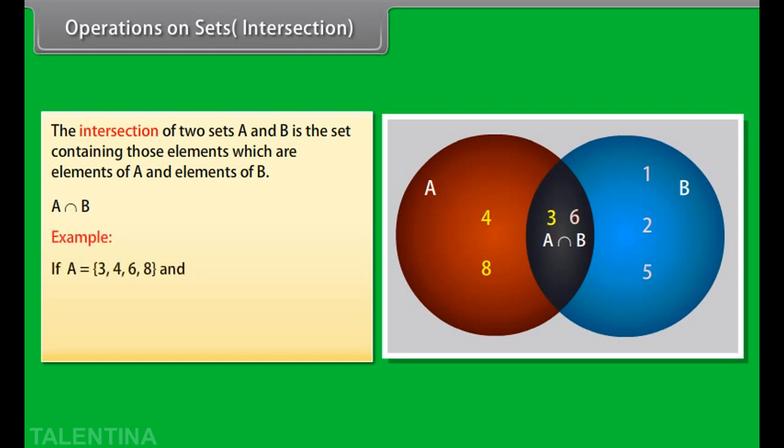Example: if A = {3, 4, 6, 8} and B = {1, 2, 3, 5, 6}, then A ∩ B = {3, 6}. Look at this diagram now. This dark portion indicates A ∩ B.